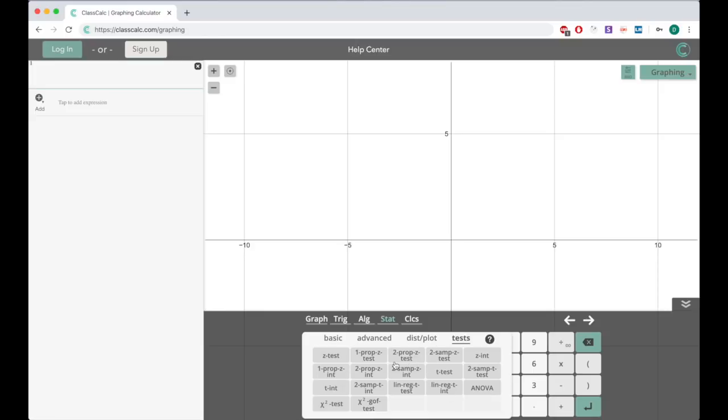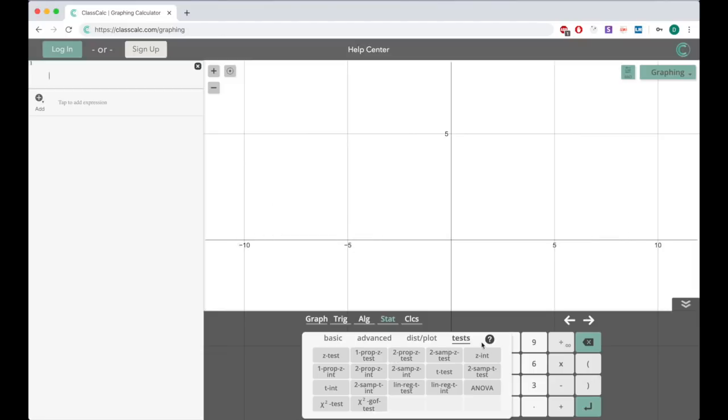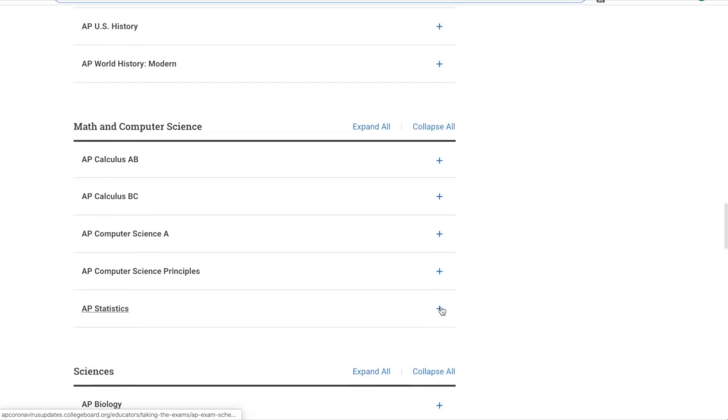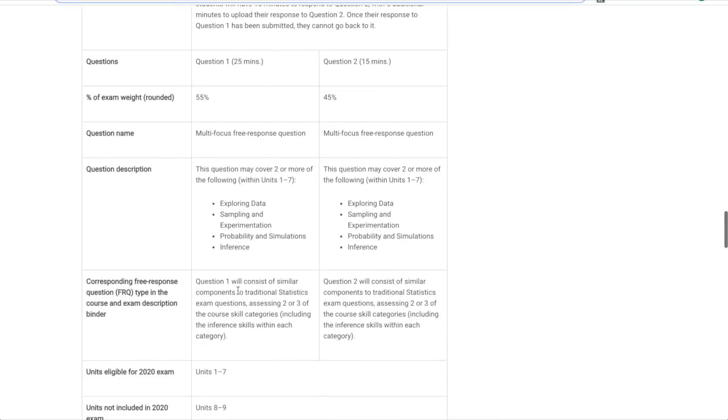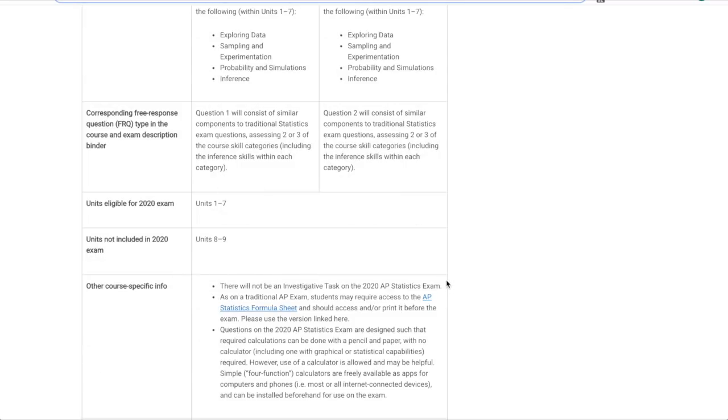If you'd like to follow along with a different calculator, the experience won't be so different. If you have a TI or a Casio or something like that, you're welcome to use that as well and follow along. The information provided by College Board at this time is, and this is the most important piece of information, that there will not be an investigative task on the 2020 AP Statistics exam, which is usually question 6 on the exam.